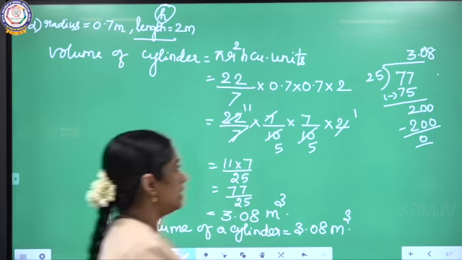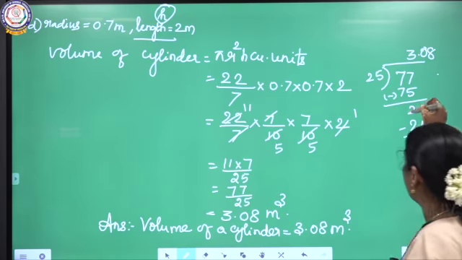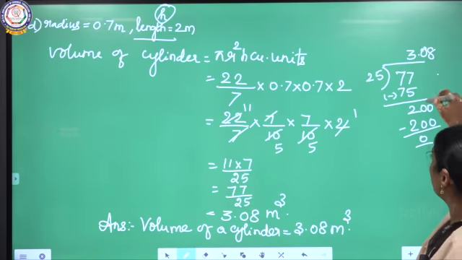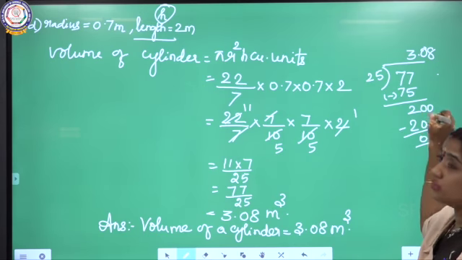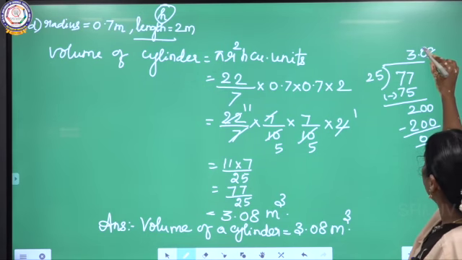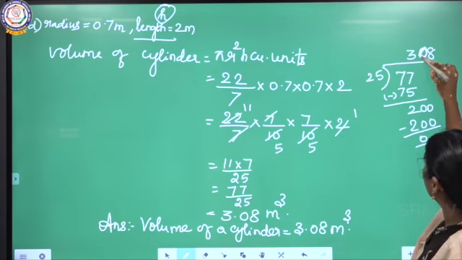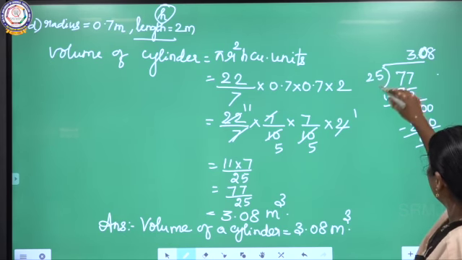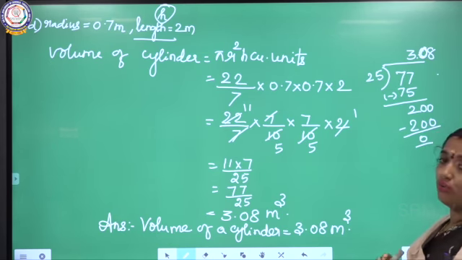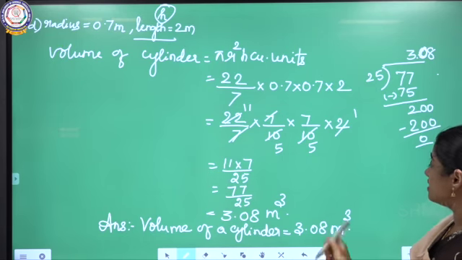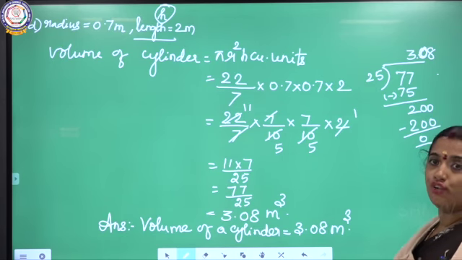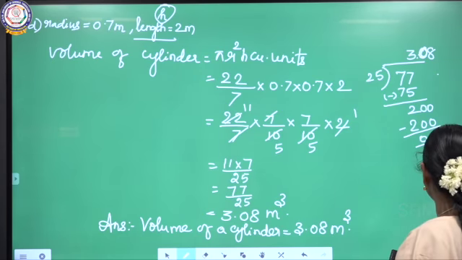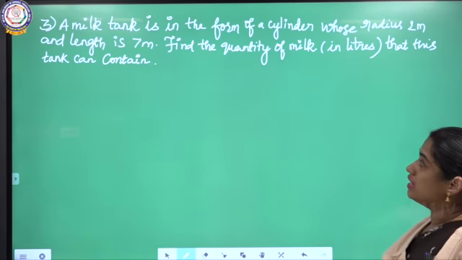So here, when I subtract I get 2, and even though I keep the decimal and put the 0, I am not able to divide. So here I am adding one more 0. Got it? Then 25 8s are 200. So finally the answer is 3.08 meter cube. Shall I move on to the next sum? See, a word problem.